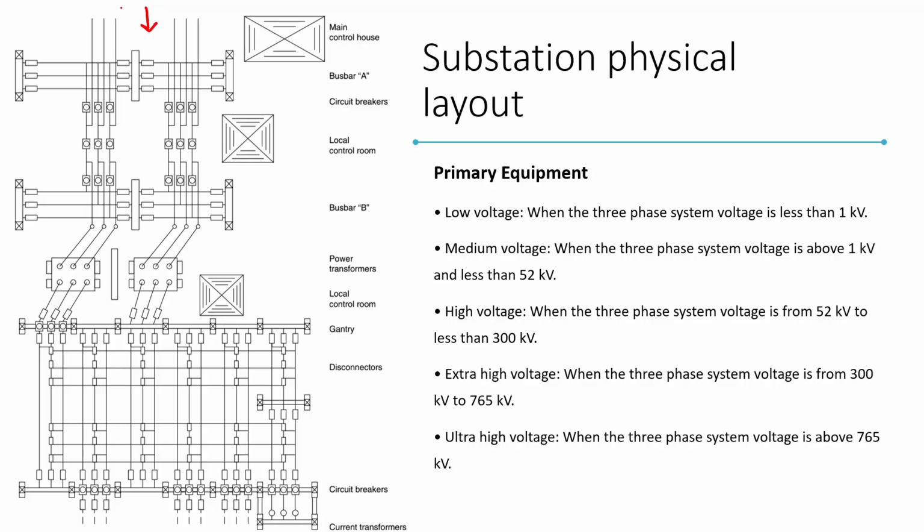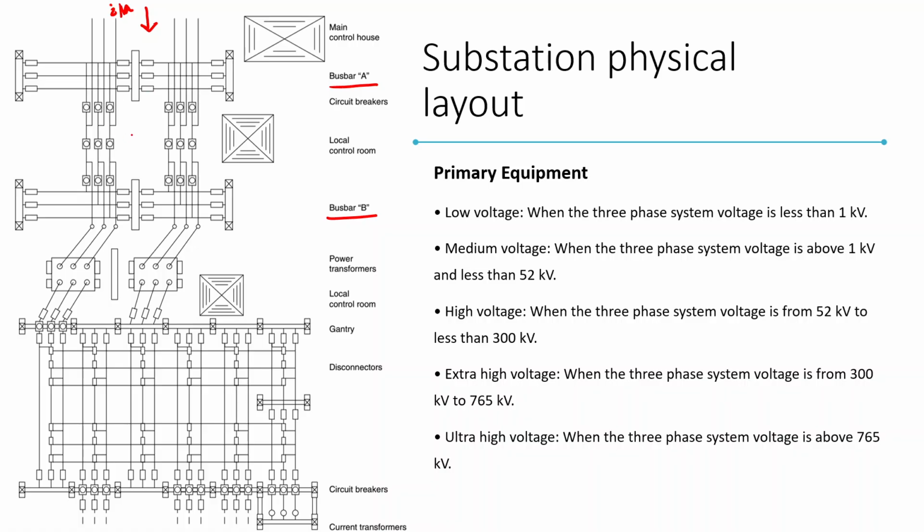Depending on the bus bar arrangement you can have different arrangements, but in this case you have the double bus bar system, and so you have bus bar A and bus bar B here.